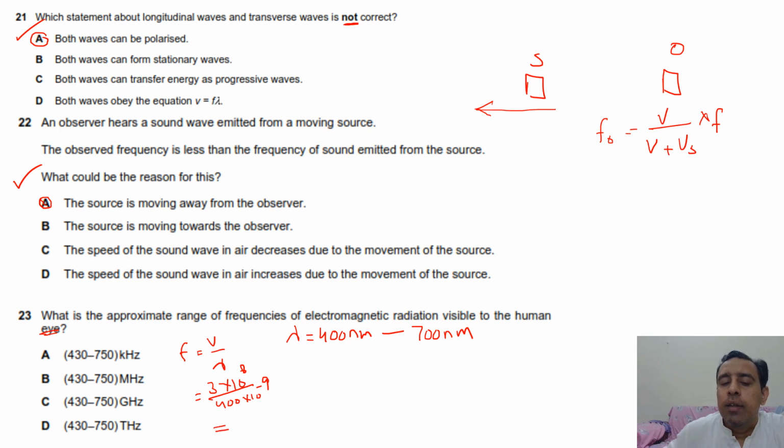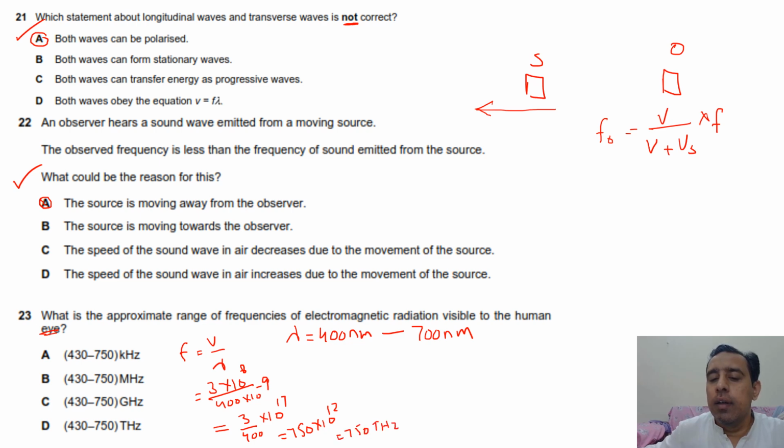You come to know that the answer is 750 into 10 raised to 12 hertz, which is 750 terahertz, so this option is looking correct. And if you want to get the other answer, you just use the same formula with the value of 700 nanometer. So option D is correct.